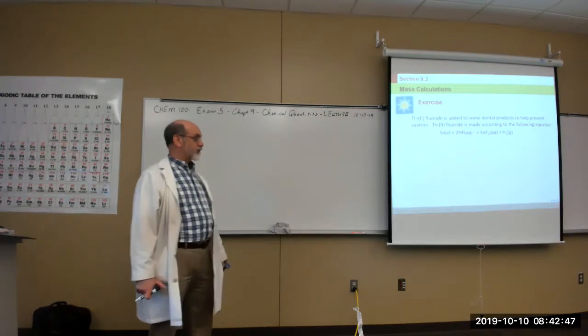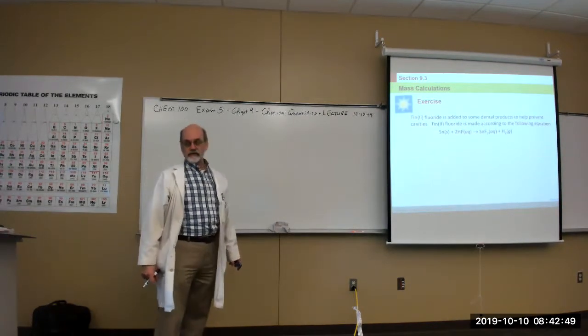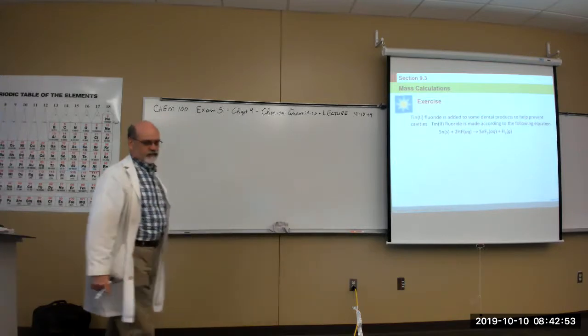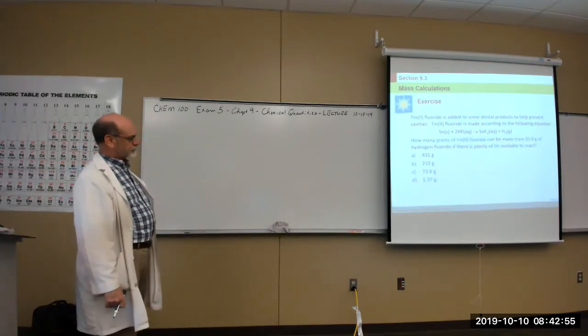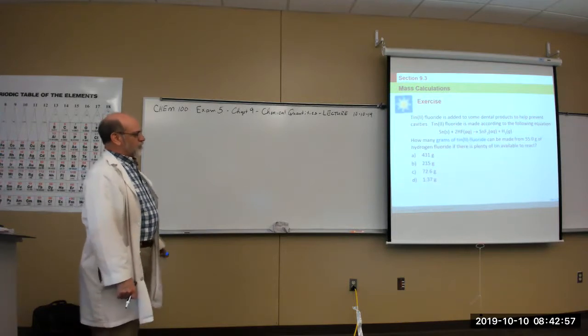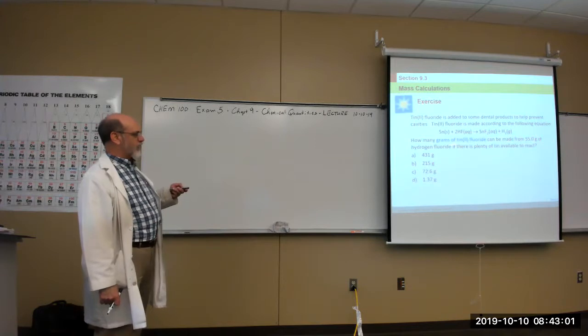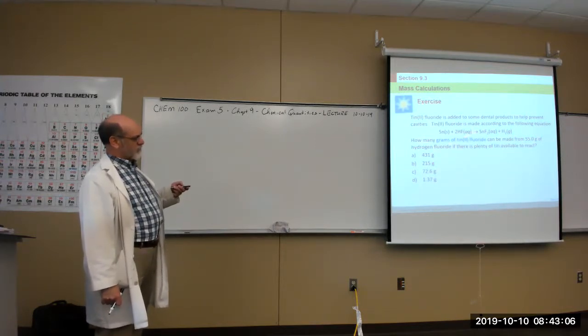If there's enough of it produced, you know, they might scavenge it, use it for something else. There's a market for hydrogen gas if you make enough of it. But the question now is how many grams of tin(II) fluoride can be produced from 55 grams of hydrogen fluoride? Well, actually, it's aqueous, so they should have said hydrofluoric acid.